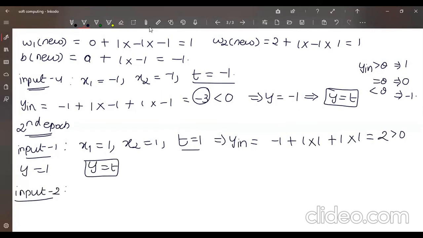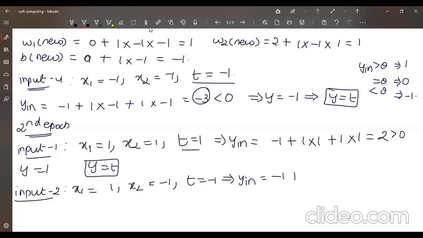See, in the first input we have achieved y is equal to t. In some cases we may not get y is equal to t in the second epoch's first input, and at that time we have to update the weights and proceed to the next iterations. So for input 2, x1 is equal to 1, x2 is equal to -1 and target value is equal to -1. Now calculate y in.